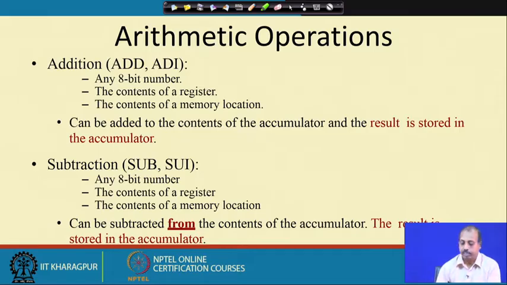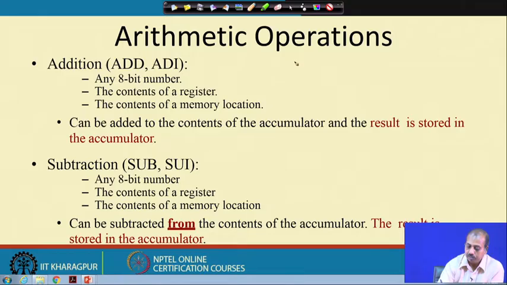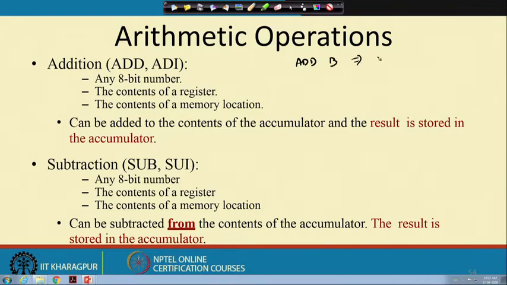You can use an instruction like ADD B, which, as I said, will do A gets A plus B, or an 8-bit number, like ADI 50 hex. That means A will get A plus 50 hex.